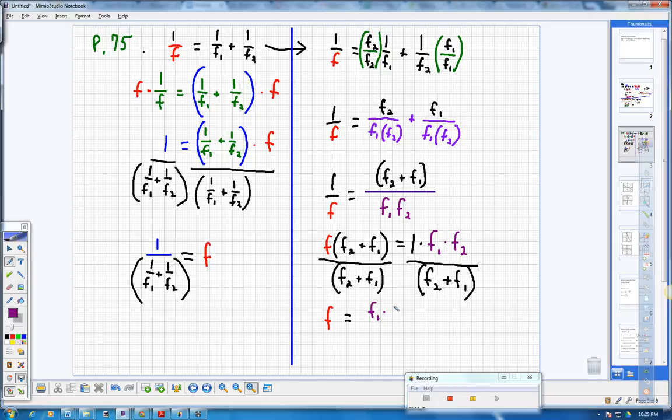F sub 1 times f sub 2 over the quantity, or divided by, f sub 2 plus f sub 1. Wow. Okay. So that is exactly how you would complete that problem and communicate it well, and that is our final answer. Happy solving, everyone. Enjoy.